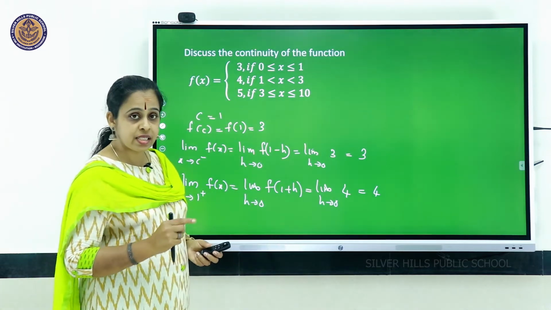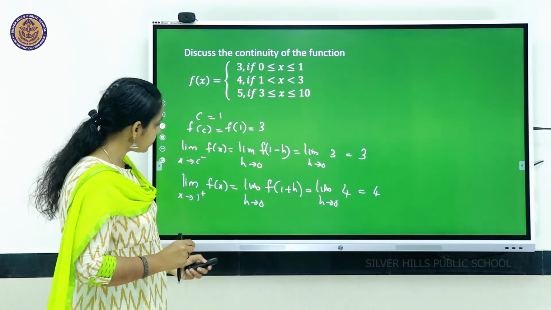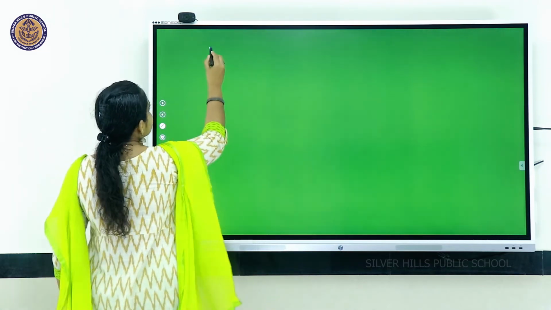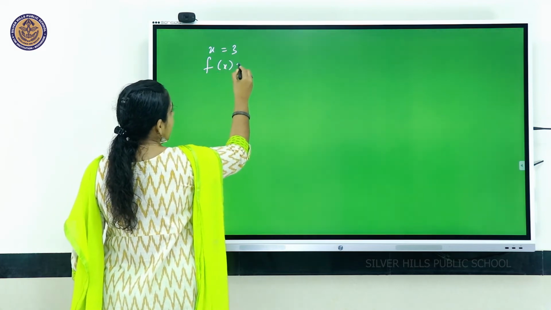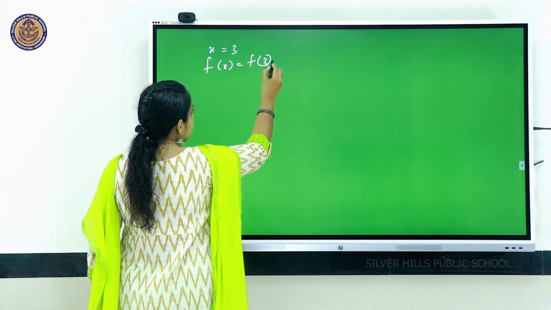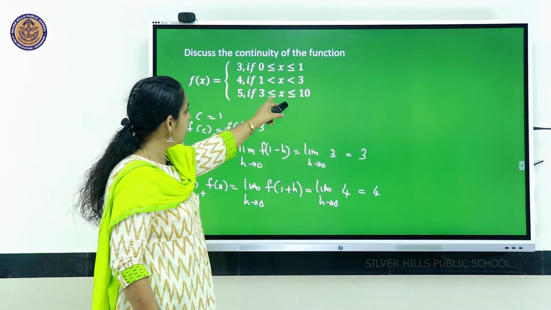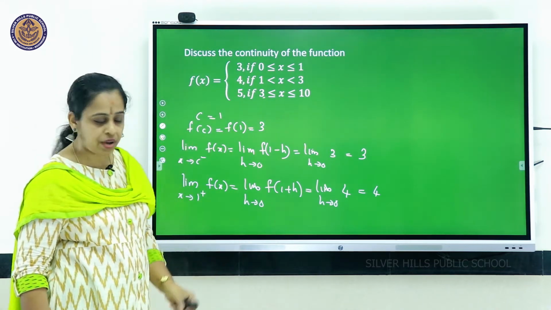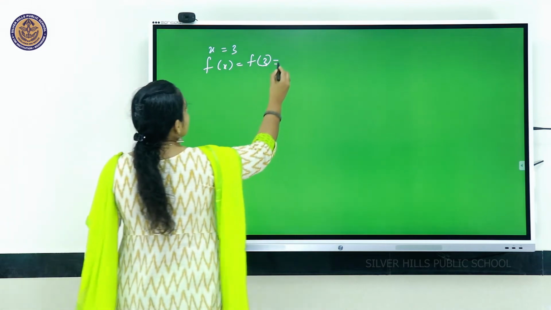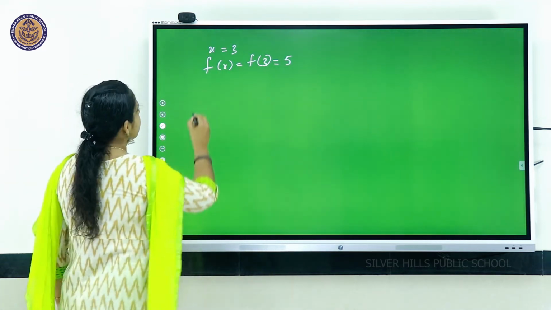Now, let us check at x equal to 3. F of x will be f of 3. And what will be f of 3? At x equal to 3, it is taking the value 5. Now, let us approach through the left side.